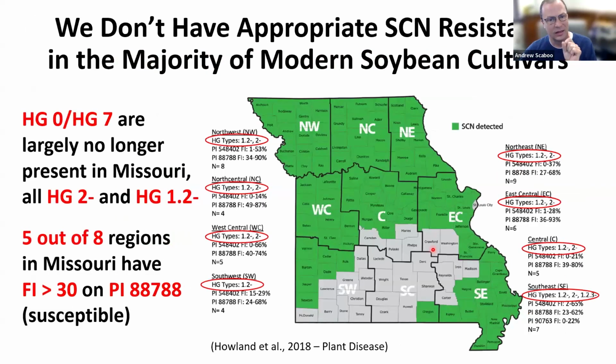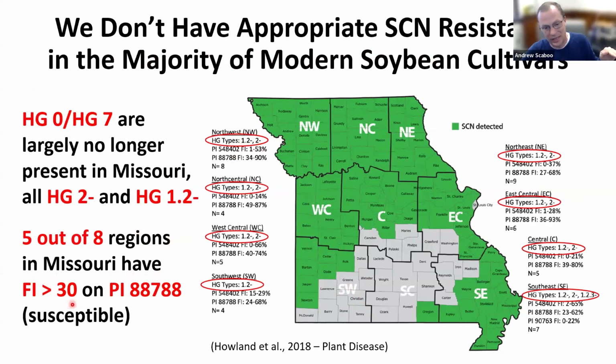So the most recent survey in Missouri shows that for the most part, we really don't have appropriate nematode resistance in the majority of soybean cultivars because we've used that 88788 type resistance. And so 5 out of 8 regions also have a higher female index than 30%.